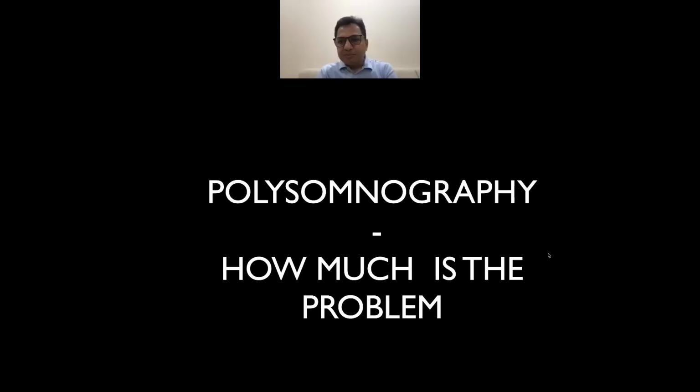For that, you have to do impedance. So if you take the analogy, drug-induced sleep endoscopy is like impedance, right? So sleep study is like audiogram and drug-induced sleep endoscopy is like impedance. So it will tell you where is the problem and what is to be done for that, right?